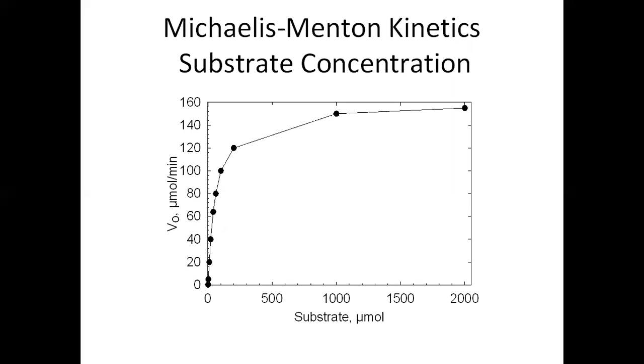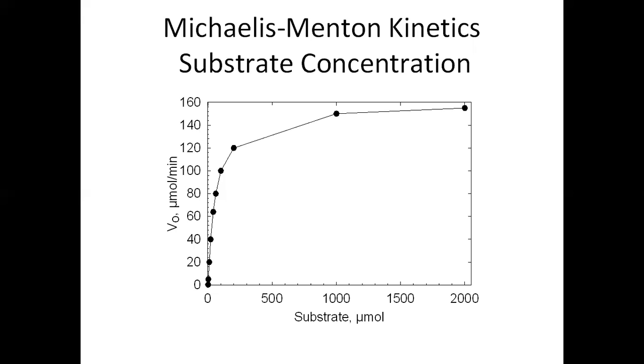This graph shows that as substrate concentration increases, the velocity also increases, initially very rapidly, and then plateaus off. The maximal velocity is the velocity at the plateau. So in this case, it would represent about 155 micromoles of substrate converted to product per minute.